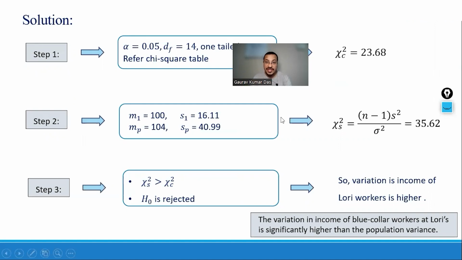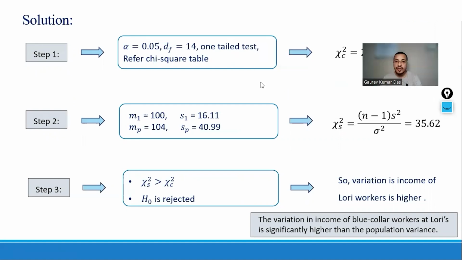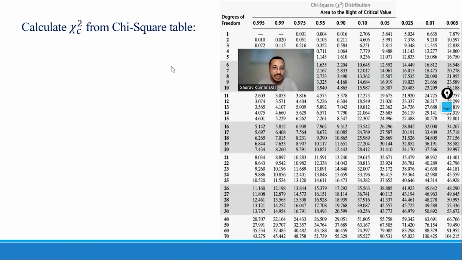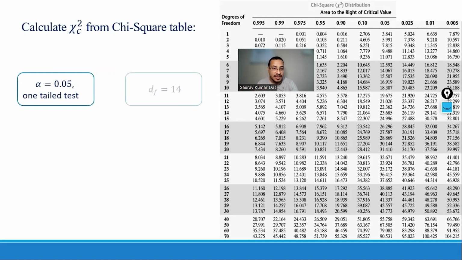Now let us try to visualize this so that we can understand in a much clearer way. But before we do that, let's quickly check the calculation of the chi-square critical value from the chi-square table. Very simple. So here, what information is given to us? Alpha is equal to 0.05, one-tailed test. Degree of freedom is 14.